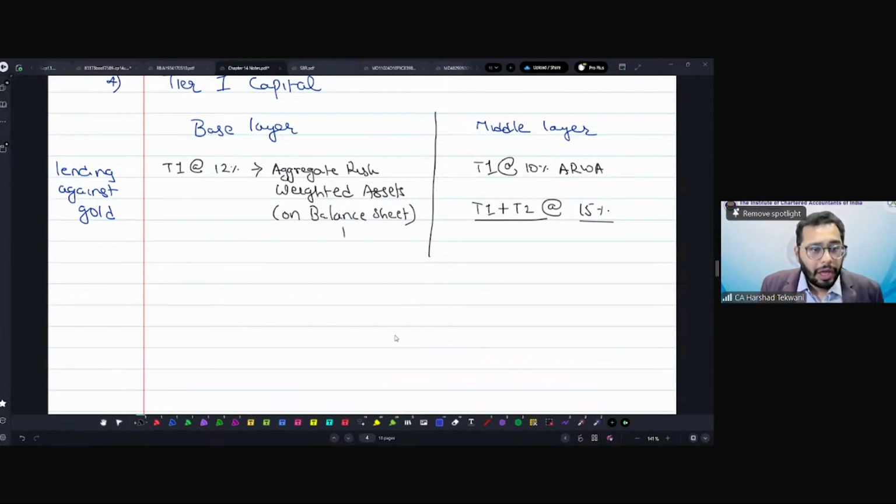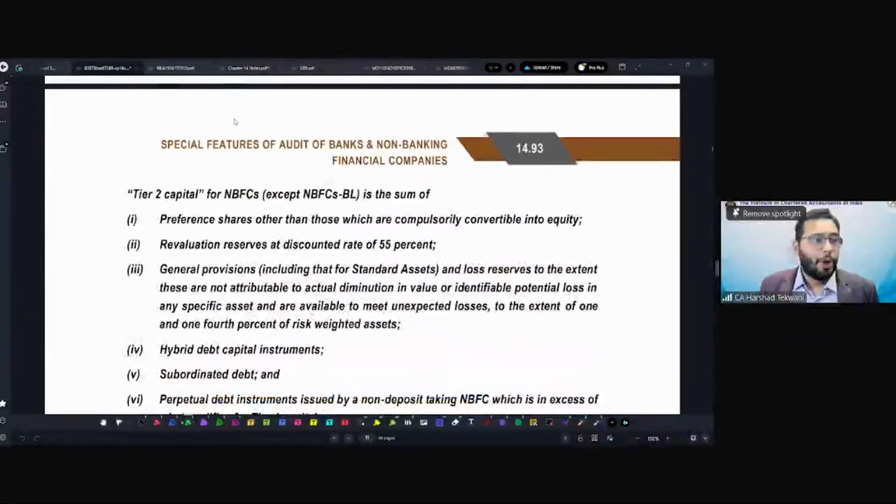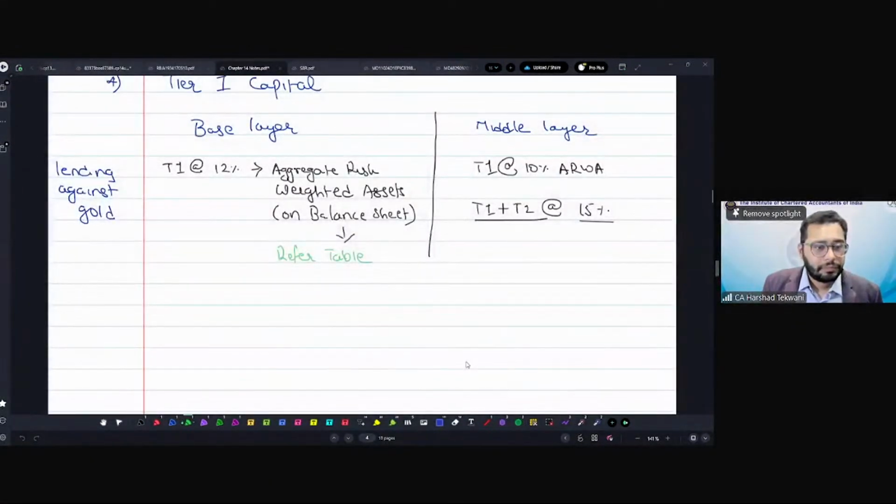I would say over here, refer to the table in the notes on page 14.93 to understand how to calculate. Any doubt with this? Any doubt?